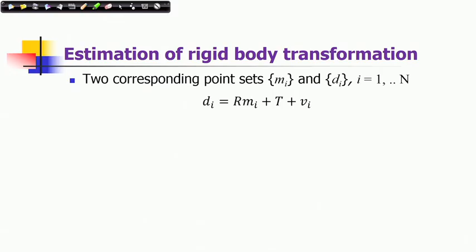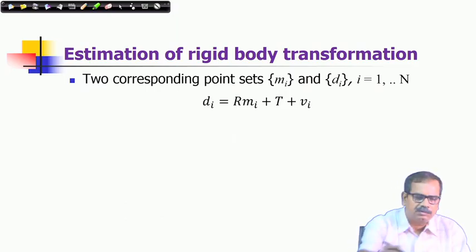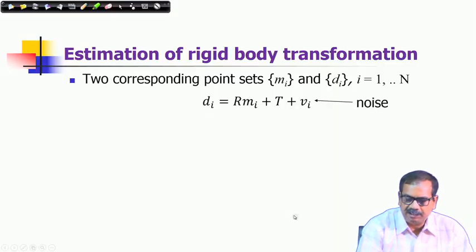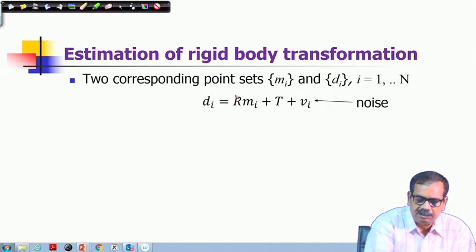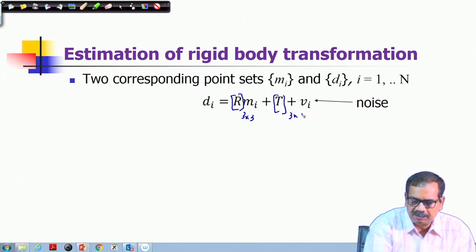All are three dimensional points, three dimensional vectors, expressed in a non-homogeneous coordinate system. So, it is written as di equals R mi plus t plus vi. Just to explain, vi is the noise here, R is a 3 cross 3 rotation matrix, and t is a 3 cross 1 translation vector, and we know that points are described by 3 cross 1 vectors di and mi.